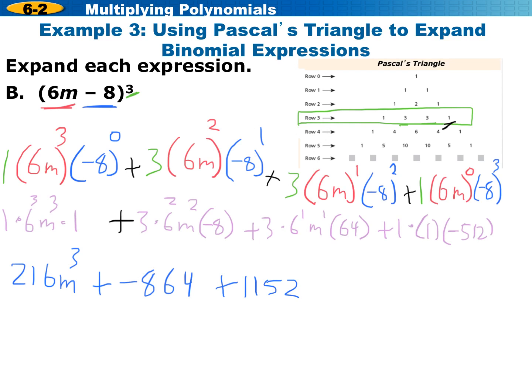And maybe you noticed on the previous term I missed the m squared. This term is going to have an m. The last term will just be a number, which is negative 512.